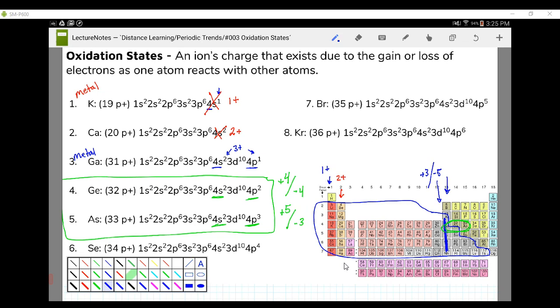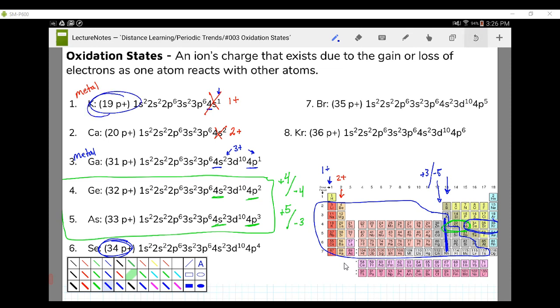And then after that, we are into our nonmetals: selenium, bromine, and krypton. Now, unlike our metals, these ones are not going to lose their electrons, again because of those Coulombic forces. We see that now we're up to 34 protons, which is a really big increase from potassium's 19.